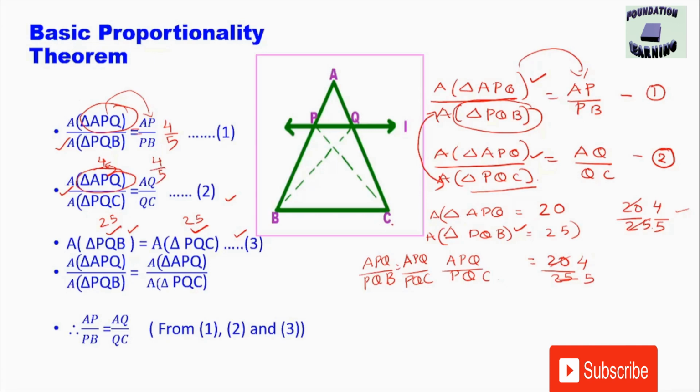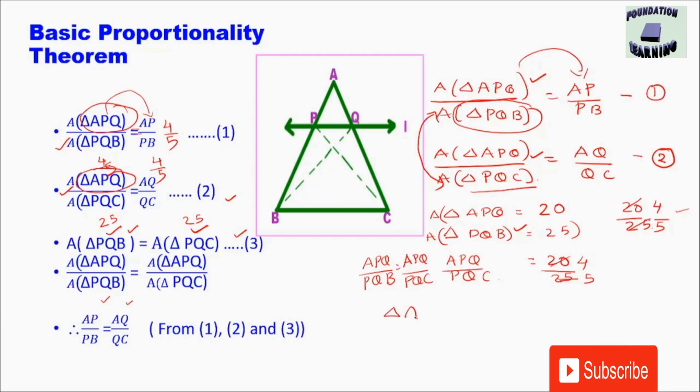Therefore, right hand side also will be 4 upon 5, right? So that means all the values are 4 upon 5. That means the left hand side is equal to right hand side of this one, AP upon PB is equal to AQ upon QC. Once again, we have got the ratio of APQ upon PQB and APQ upon PQC as 4 upon 5.